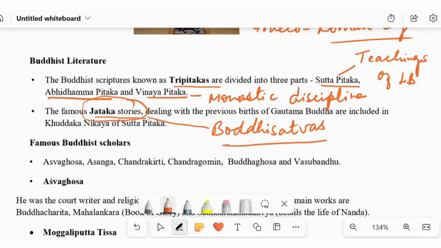So bodhisattvas, this term is used for holy men, and it also refers to Buddha in his previous births. So these stories are about the previous births of Lord Buddha.